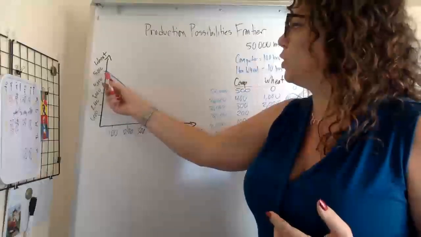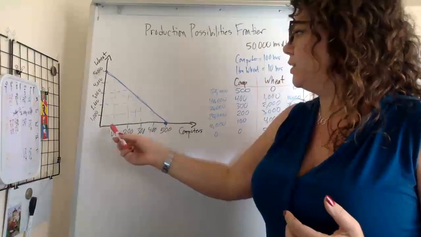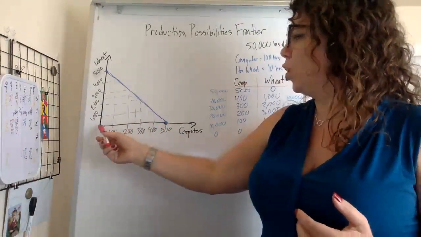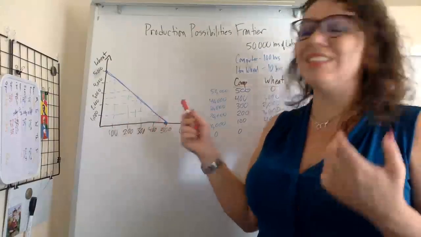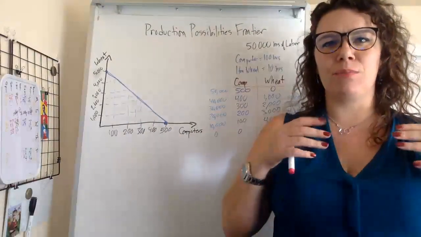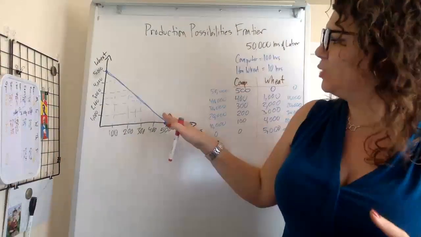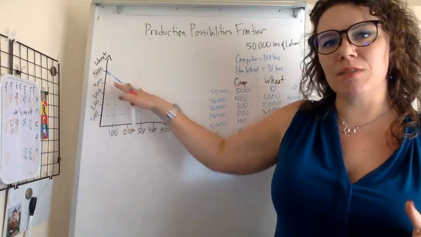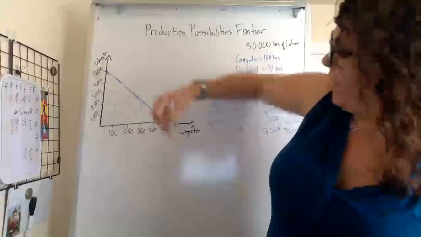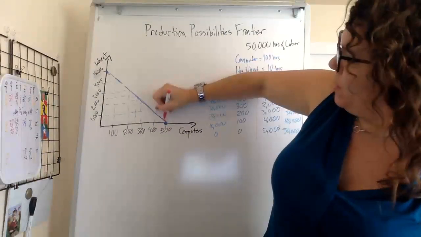We could produce 500 computers and no wheat, or we could produce 1 ton of wheat and slightly fewer computers. And remember when we talked about economists saying that people think on the margin? This is where some of that marginal analysis comes into play. A regular person would say, hey, there's not a point right here on the PPF.